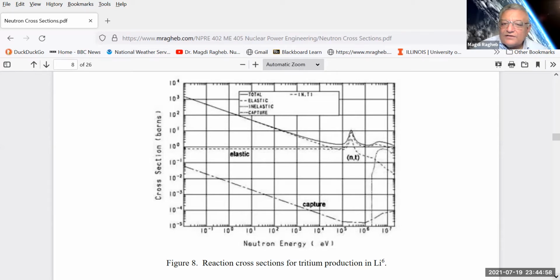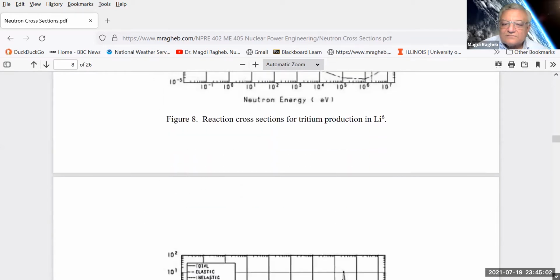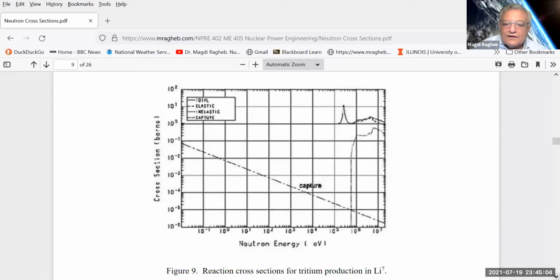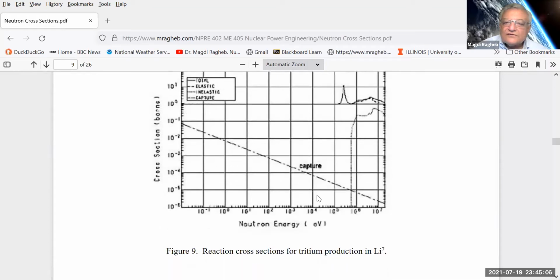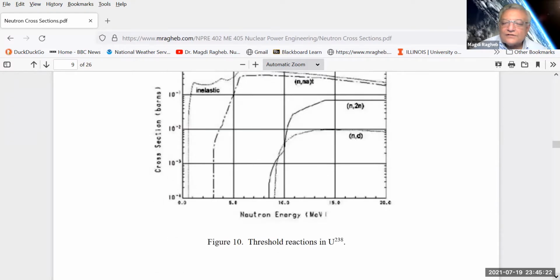However, lithium in nature occurs primarily as lithium-7. The reaction for lithium-7 is in fact a threshold reaction, so it happens only with high energy neutrons. High energy neutrons can produce tritium for us, but we'll have to depend on lithium-6 to produce it in general.